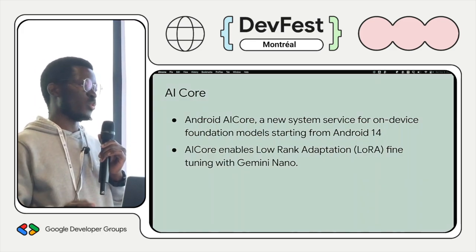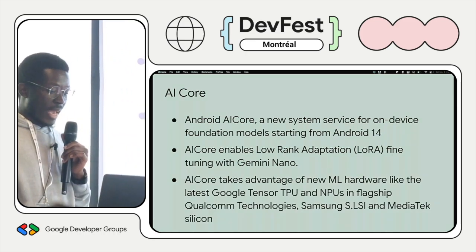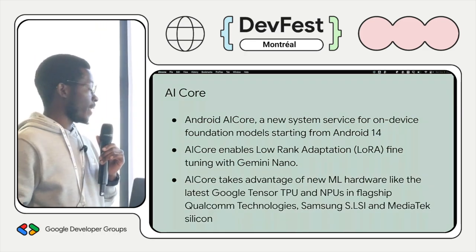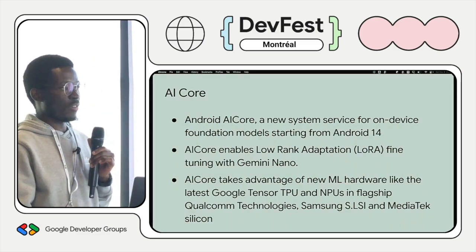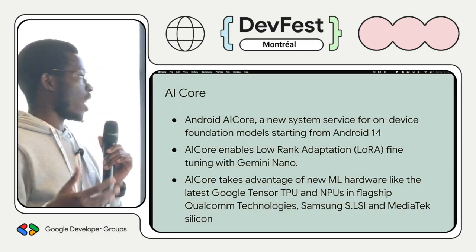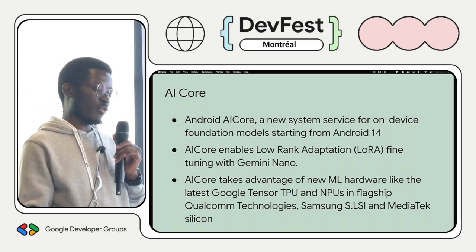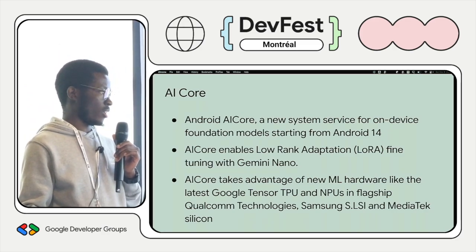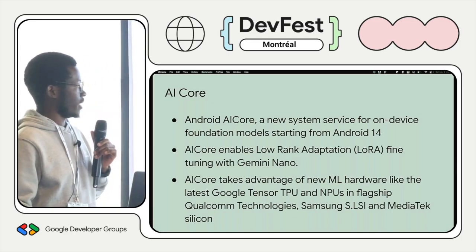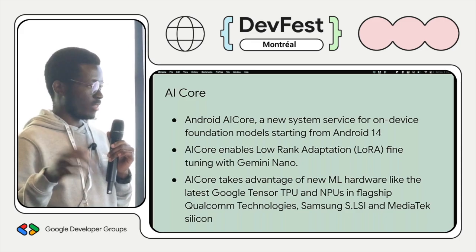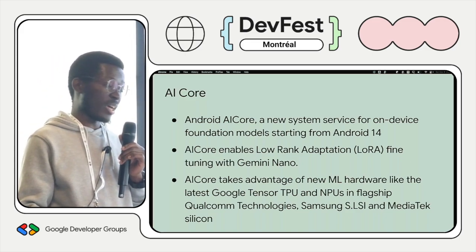And the biggest advantage of AICore is that it takes advantage of all the ML hardware that ships with a lot of flagships nowadays, for example the Google Tensor chip, or the Snapdragon 8 Gen 3, which ship with a unit dedicated to machine learning.